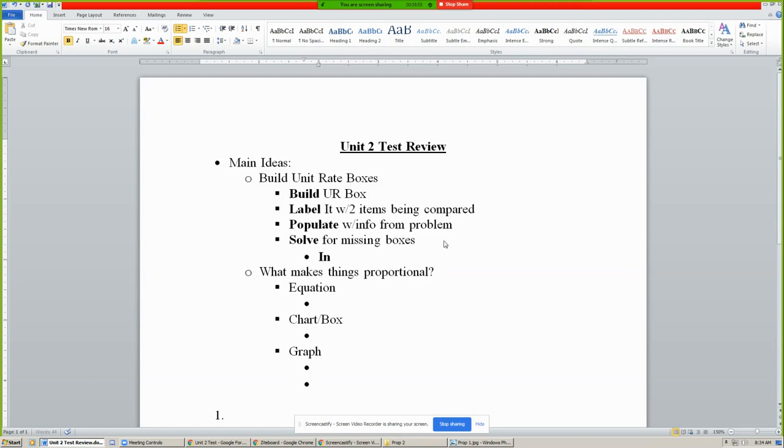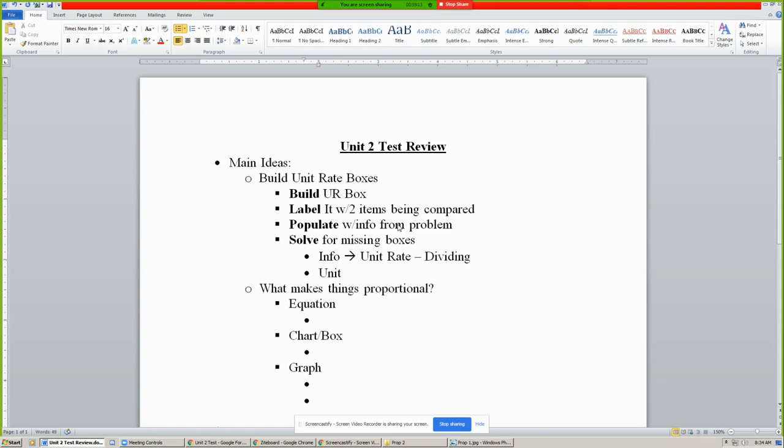From info to a unit rate, you're dividing. And from a unit rate to a solution, you're multiplying.